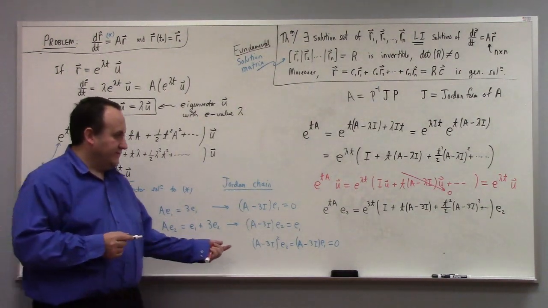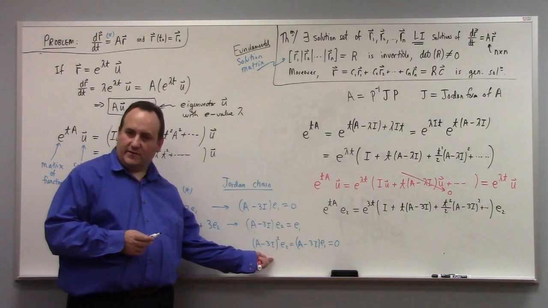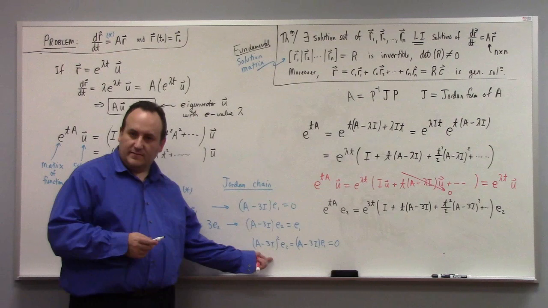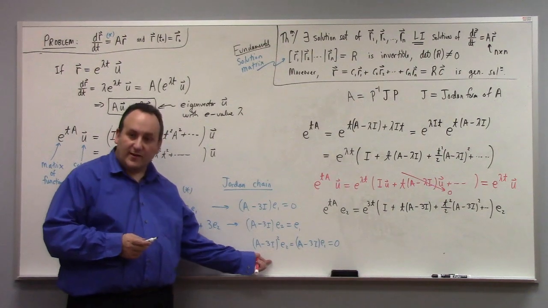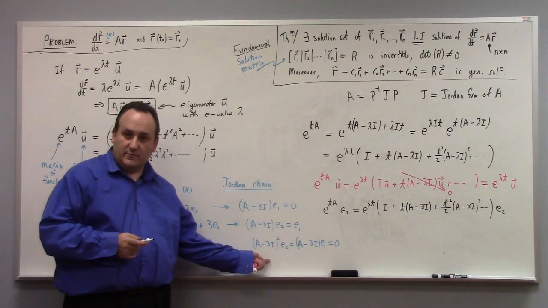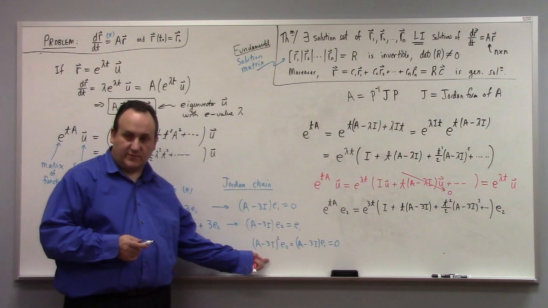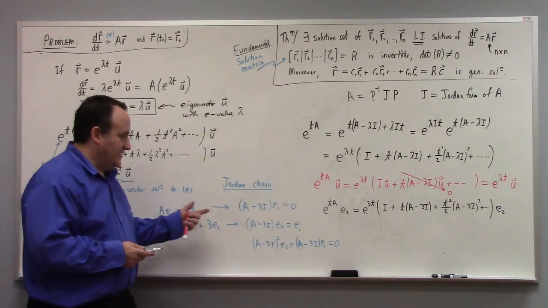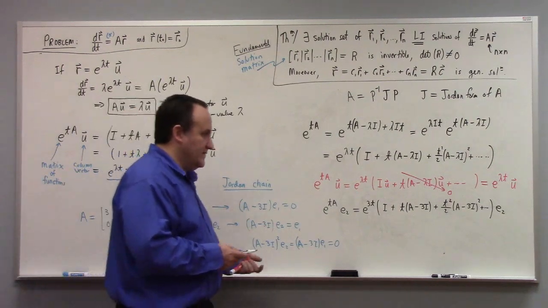Just like we wrote over here, that's 0. And all the higher order terms in that series are 0 as well. So the magic formula truncates when it operates on a Jordan chain vector that is subject to these Jordan chain conditions.